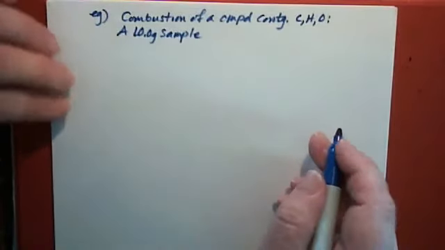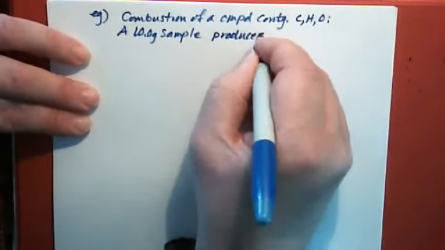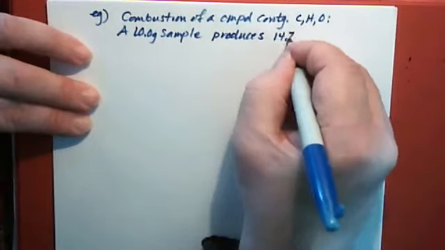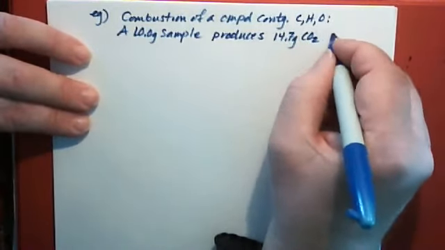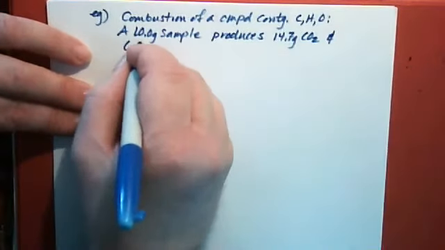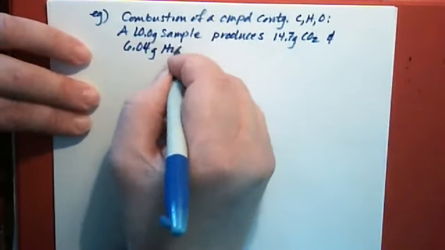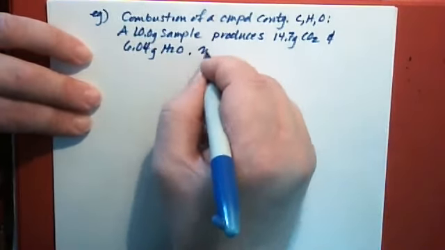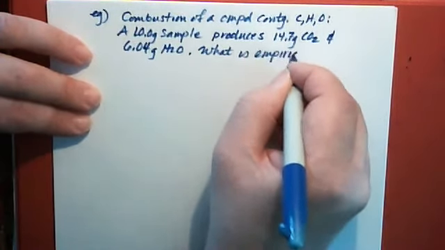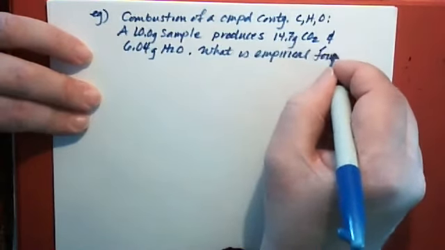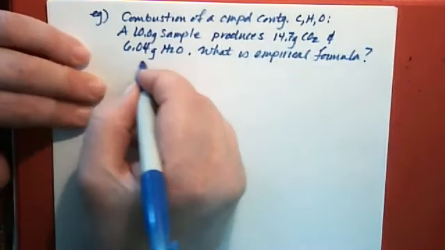A 10-gram sample of this compound produces 14.7 grams of CO2 and 6.04 grams of H2O. And so what is the empirical formula?